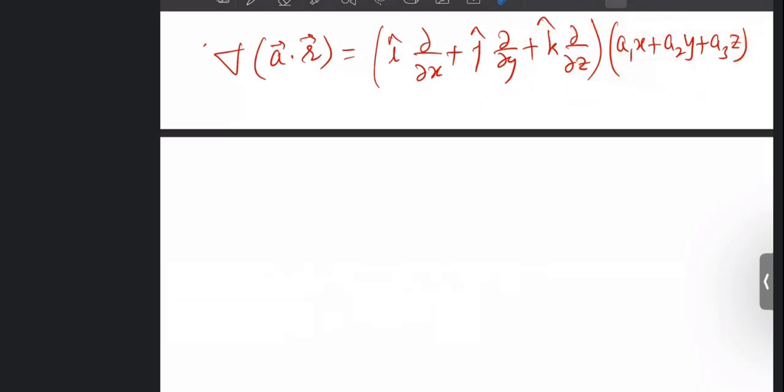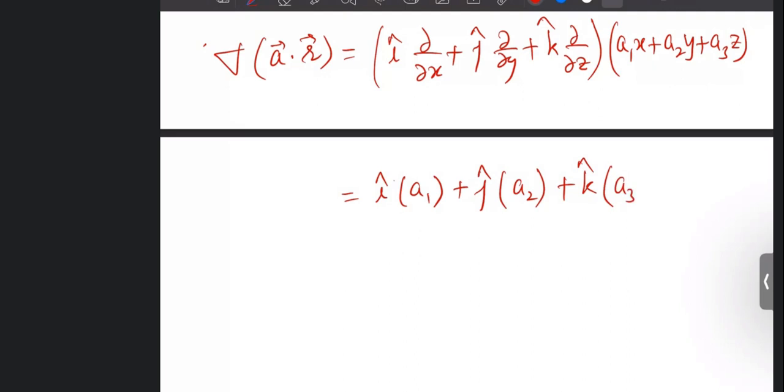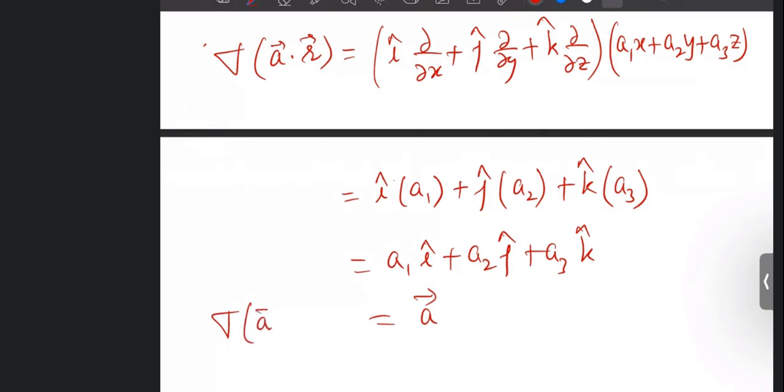So you will get i with respect to x is only a1, j with respect to y is only a2, k with respect to z is only a3. The remaining part will become 0. So it is equal to a1 i plus a2 j plus a3 k, which is equal to the vector a. This is the result which is required to be proved.